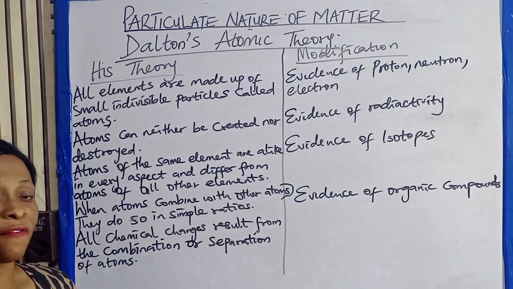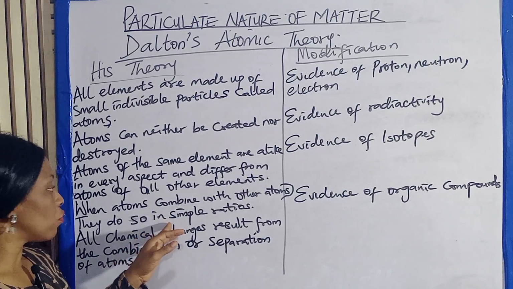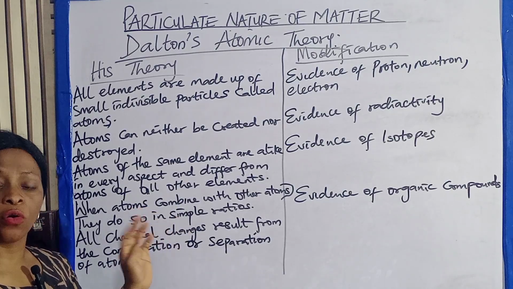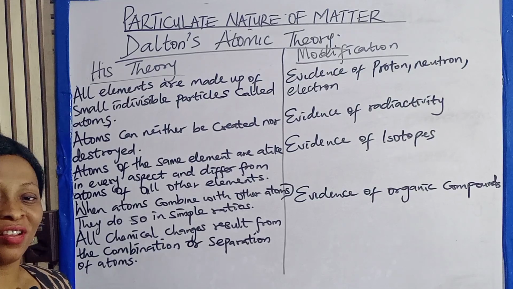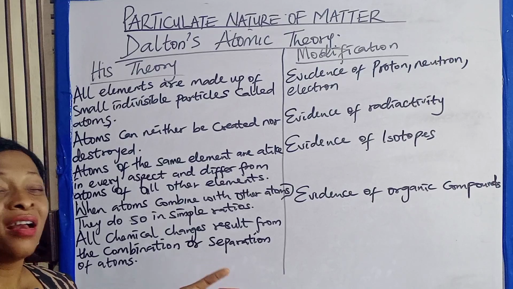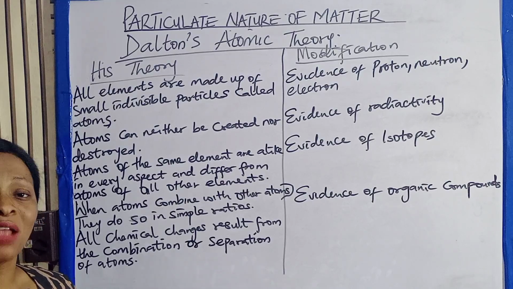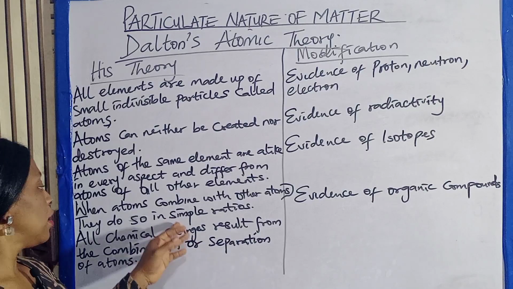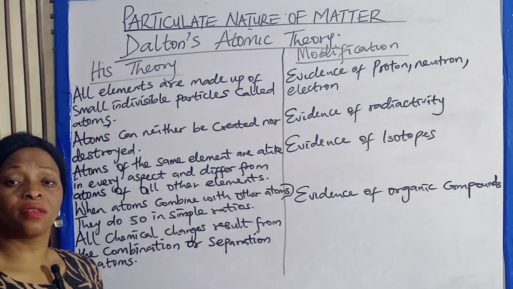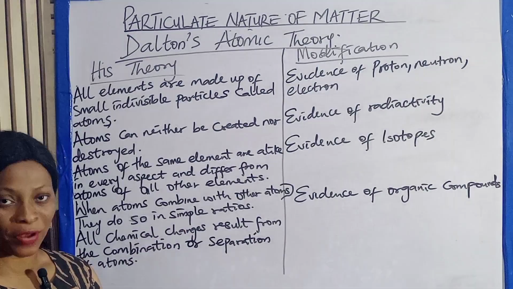It has also been modified, as this combination only takes place in inorganic chemistry. When you come to organic, it doesn't take place. You have a massive number of compounds, atoms or molecules of compounds reacting together. So these have been modified due to the presence of organic compounds.